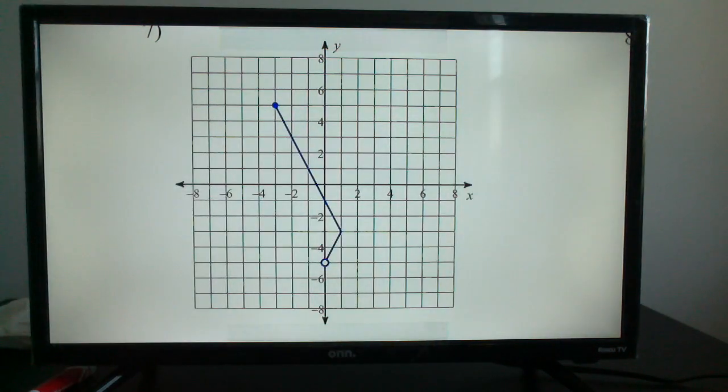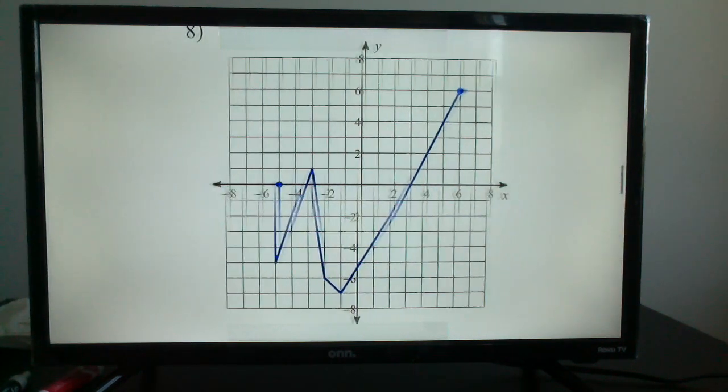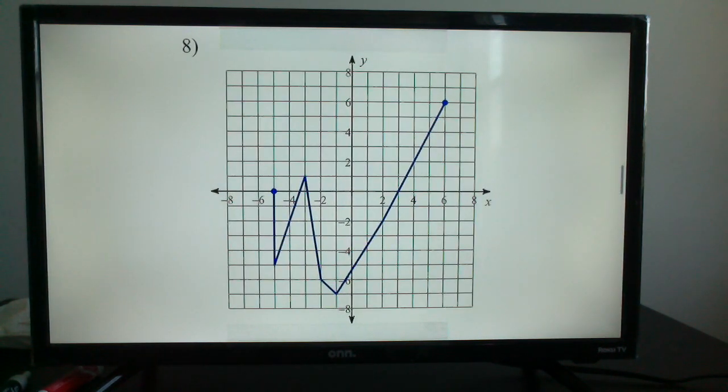Okay. And the last thing, we need to go back to graph 8. And what was the question? So again, I was asking the average rate of change over the interval 3 to 6.